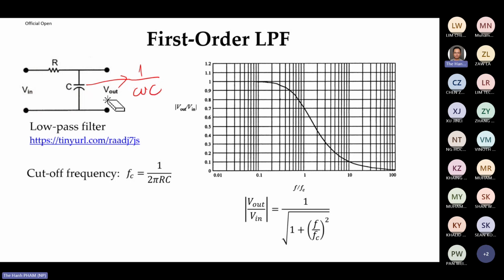Correct. So V out is big. But if omega is big, it means you have high frequency, then 1 over omega C is very small, right? So the V out here disappears. So that's why you have it here. And the cutoff frequency, I think you have seen before, is 1 over 2 pi RC.